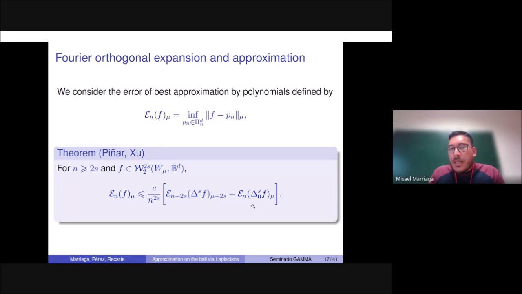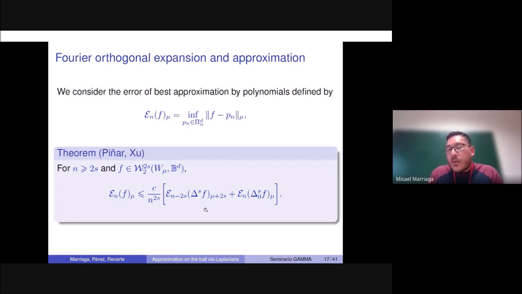But in this case, I need two elements. Whenever f is a spherical function, then this term does not contribute to this bound. And if the function is a radial function, then this term does not contribute at all, and we only have this one contributing to the bound.